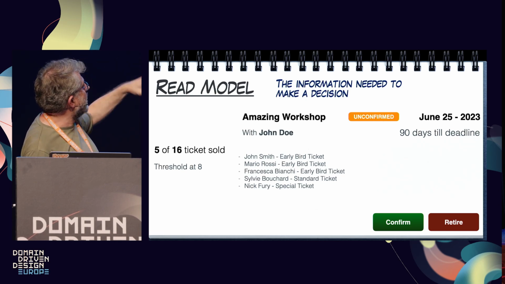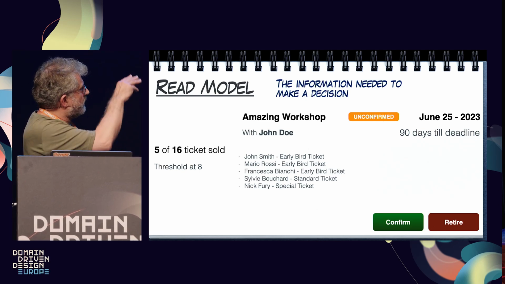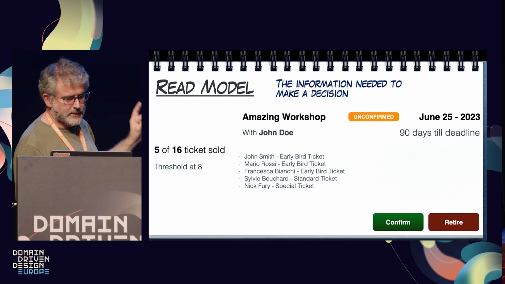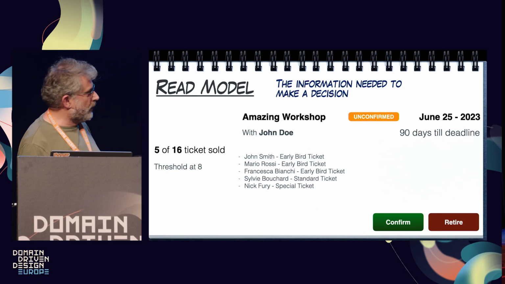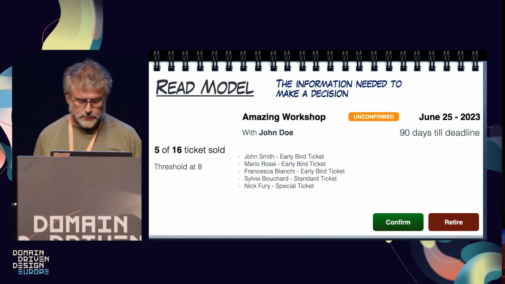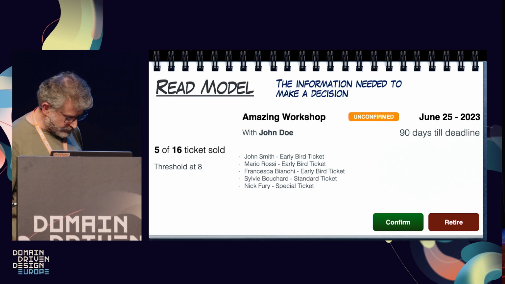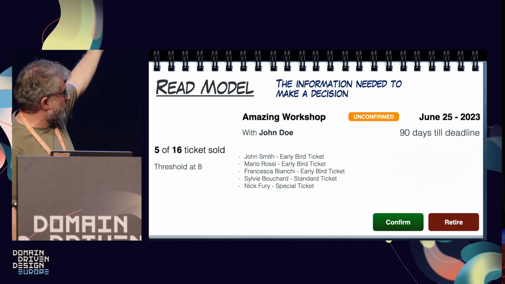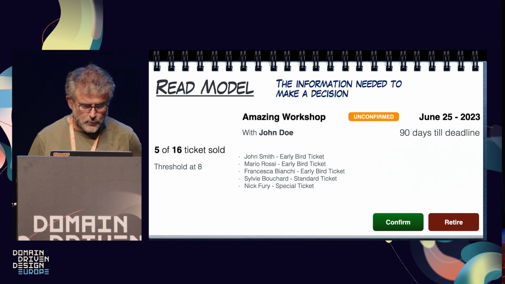So how many tickets sold, what is the workshop, what is the date, and so on. And most importantly, the state, this unconfirmed, is the most important information to give us our feedback. This is more or less a selection of what could finish inside the workshop summary.